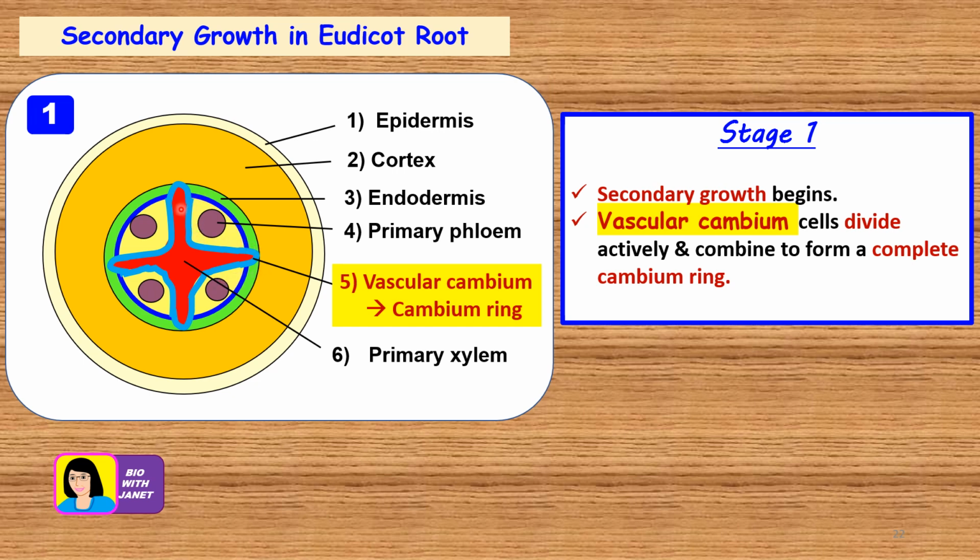Before that, the cambium was around here, but it did not join together here, right? So now there is mitosis in the vascular cambium, and it combines to form a complete cambium ring, just like for the stem. But in this case, the cambium is all joined together in the form of a star-shaped structure first.